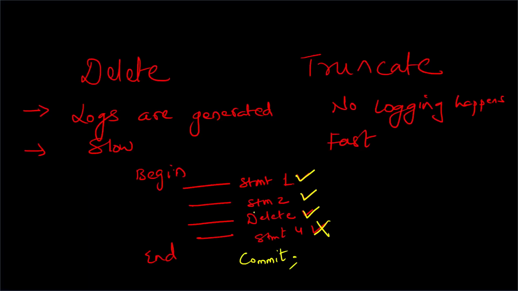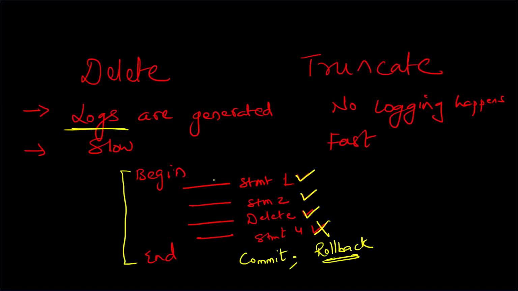Because this fails, a rollback will happen. Now, how does rollback happen? Rollback happens because of logs. As each statement, each query was executing, the log was generated, and basis the log, the database is able to roll back and it will go back to a state before execution of this begin and end.